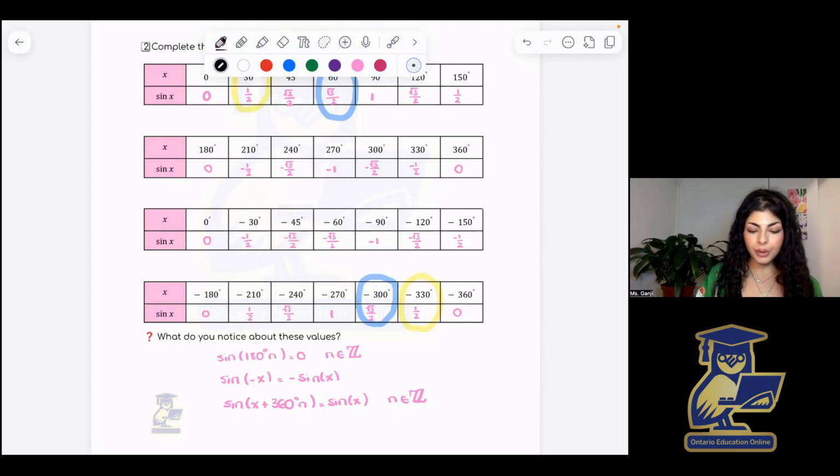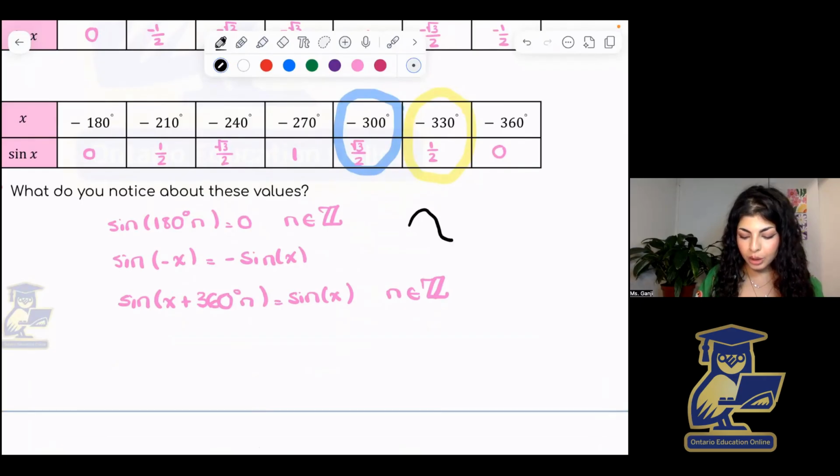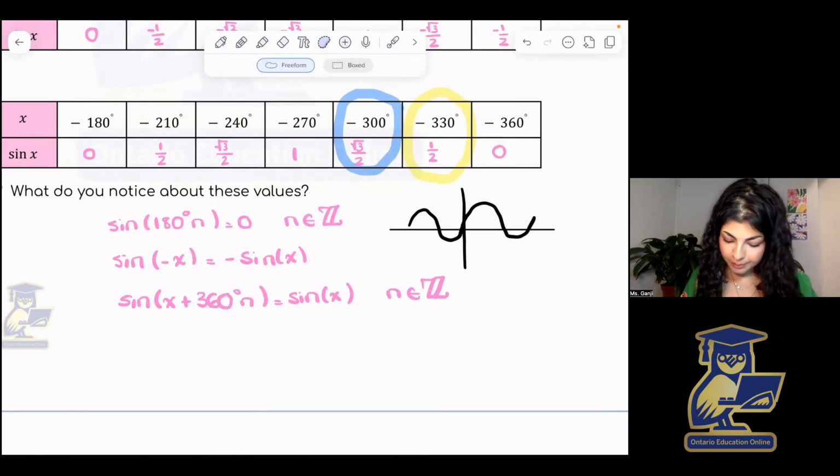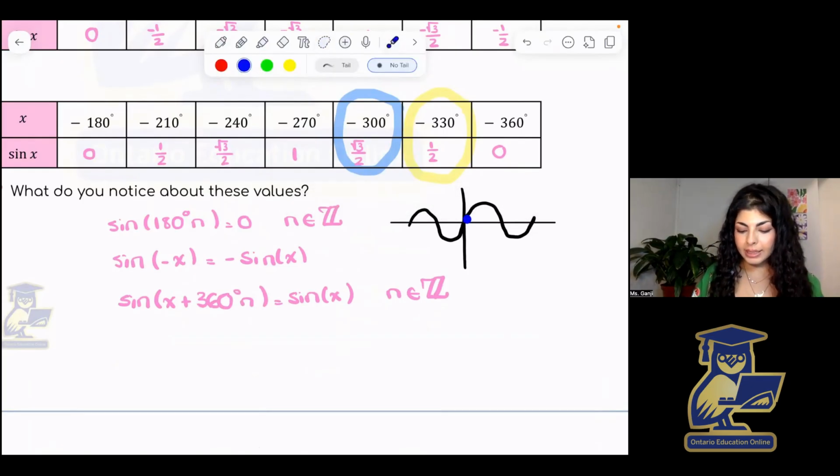And again, the reason for this is because this is a periodic motion, which means that if I consider two cycles there as such, that's a little wonky. Okay, something like that. Then I can see these values correspond to all of these values here, and this is a shift of 360 degrees to the left.